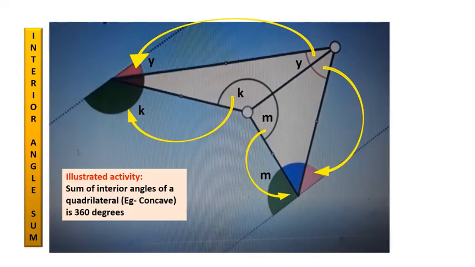K will be going and sitting there. M will go and sit. What about Y? That also will go and sit there to make 180 degrees complete. So 2 half circles are formed. Is it clear?